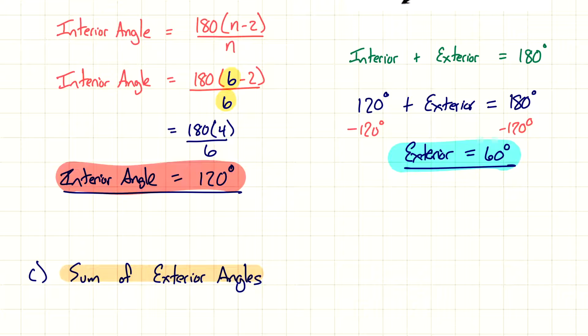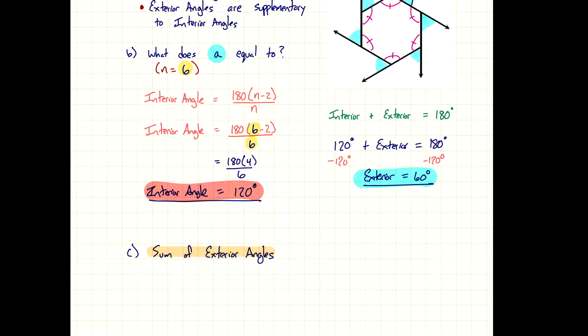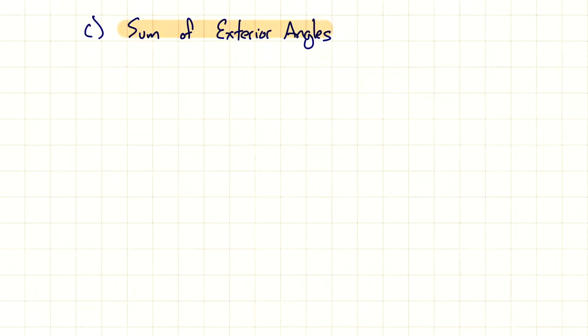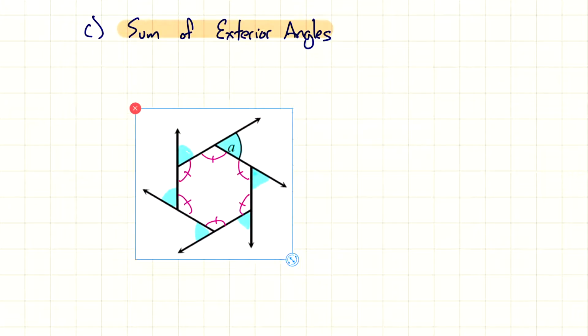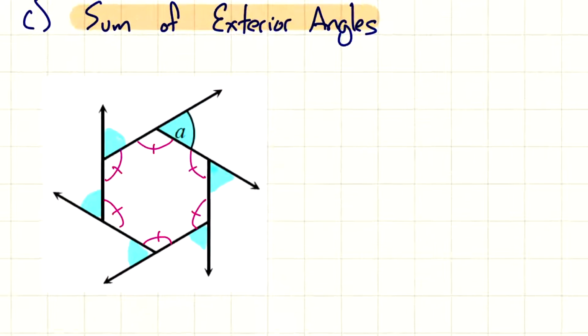So let me take this shape and put it back down here. All right, so if we look again at this shape, we want to know what all those angles add up to. We just calculated that this angle on the outside was 60 degrees. So the question is, what do all of them add up to?